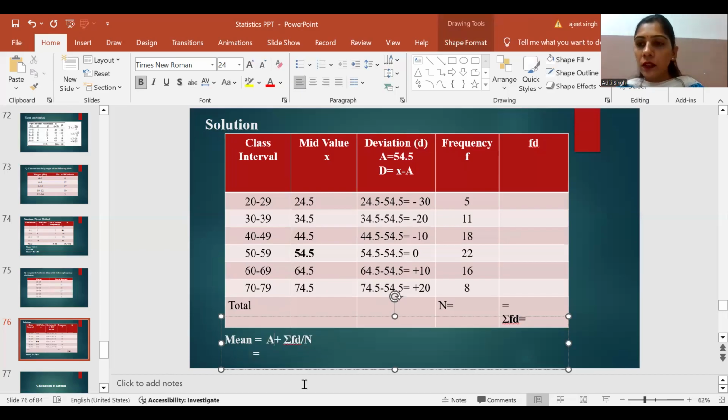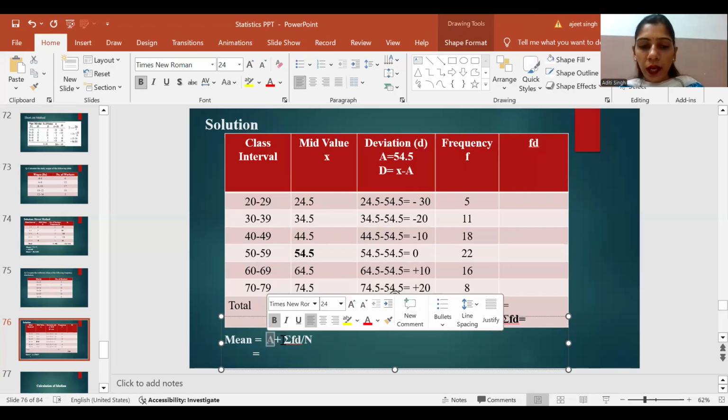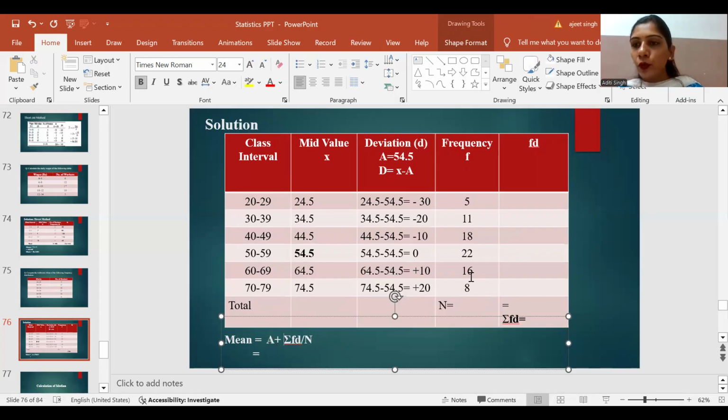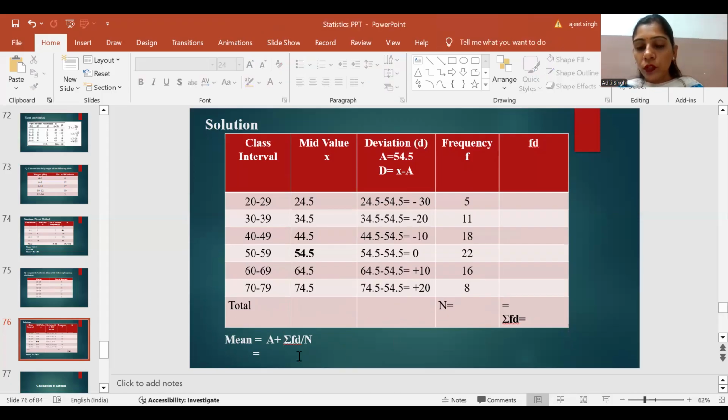A is assumed mean, sigma means sum, fd means f into d. So we have to calculate the sum of f and d, and n is the total number of items, means total number of students, which is already given in this question.